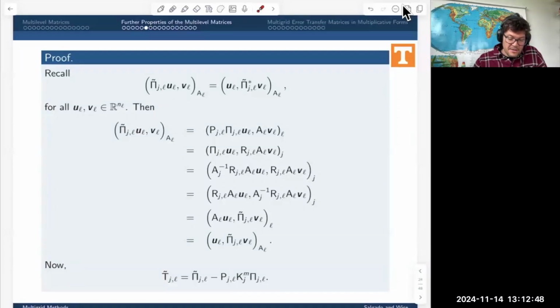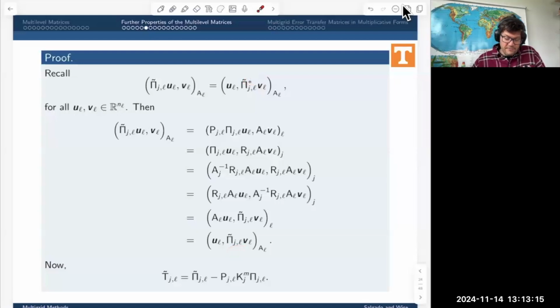If I want to compute the adjoint, I throw it over to the other side, but as it goes over, it picks up the star. This is by definition what we mean by the adjoint. So what I want to show is that if I do some manipulations and move this to the other side, then whatever I get over here has to be the adjoint. So let's try to do that. In fact, what we're going to show is that when we do that manipulation and move it to the other side, we're going to get the same matrix appearing.